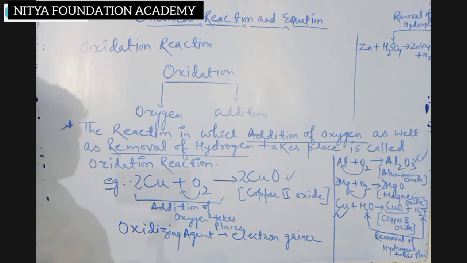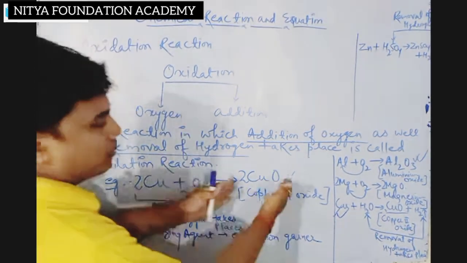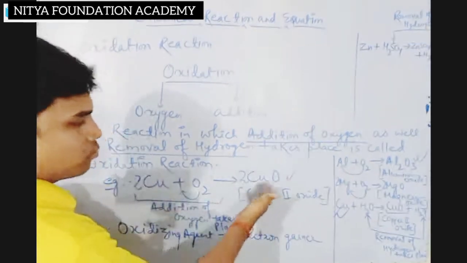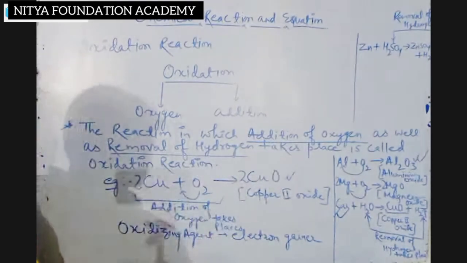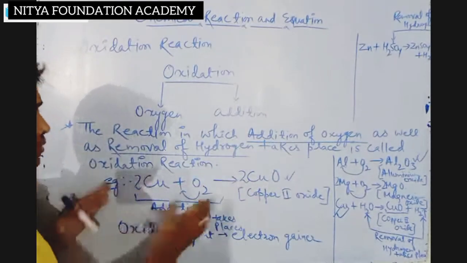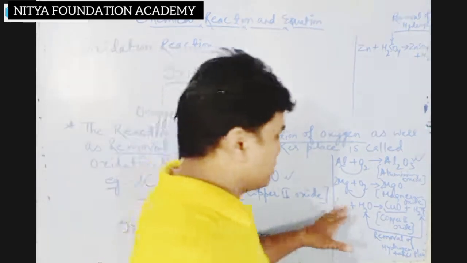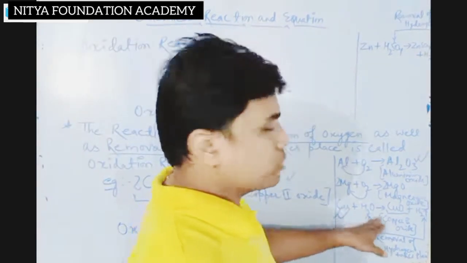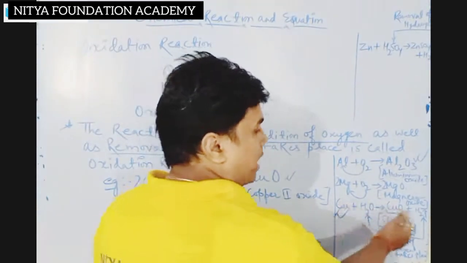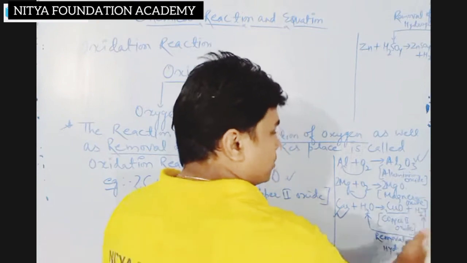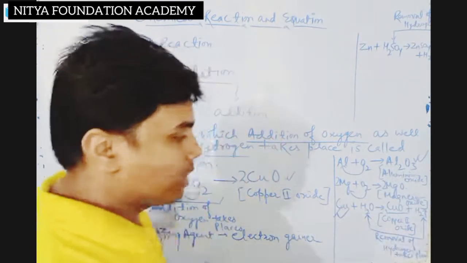Okay. Simply this reaction is what? This is the addition of oxygen and simply a product is formed, that is copper 2 oxide, or we call it cuprous oxide. So this is a simple addition reaction, or we call it an oxidation reaction. But in this reaction, where copper plus H2 is formed, the oxygen is added and hydrogen is removed, in which the addition of oxygen as well as removal of hydrogen takes place at the same time.